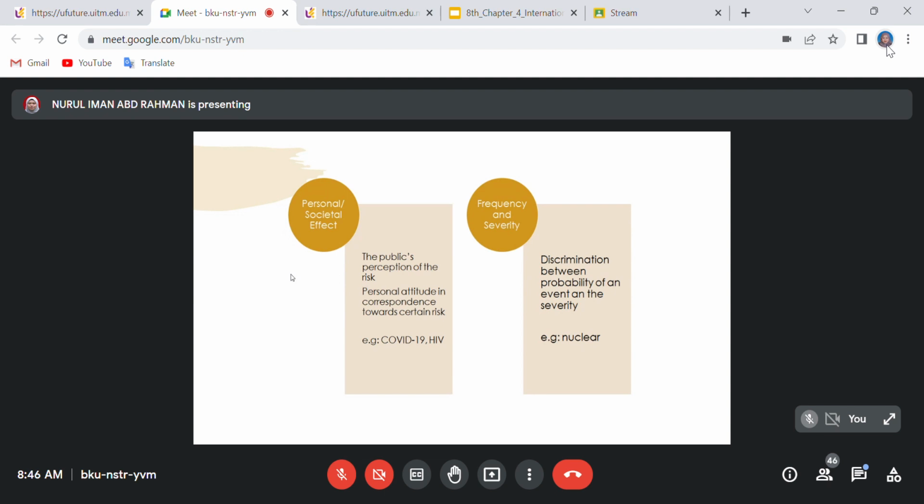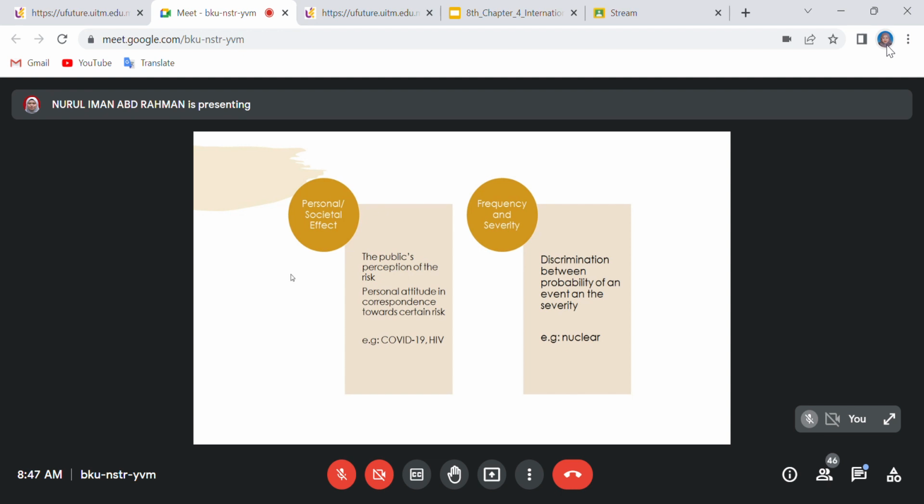It is because society views it that way, so you view it that way too. For example, HIV. For people with HIV, you cannot actually get infected just by touching them. But due to society's view of people with HIV as being very bad, you have the same perception towards that risk too.